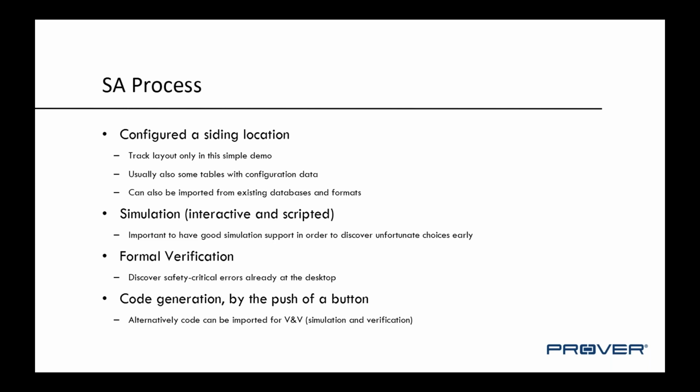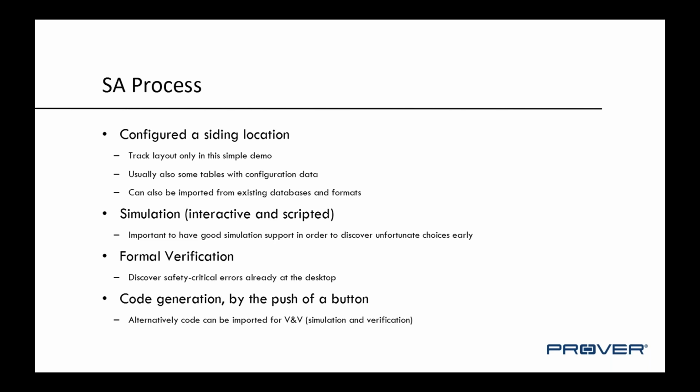And it's the same for the formal verification, where we simply could prove the absence of any error, or when there were errors, as we saw, it would show you which requirements were violated. And this is also something that you should do iteratively as you develop the requirements, both for the design and safety.